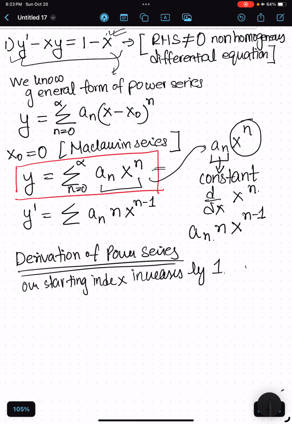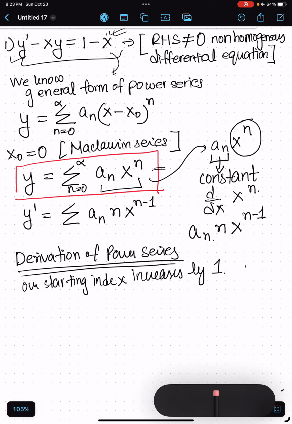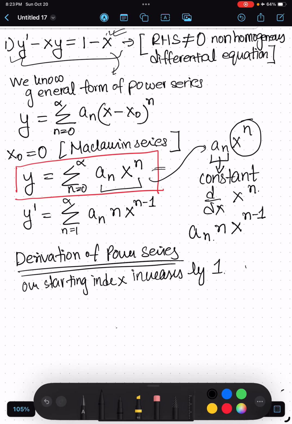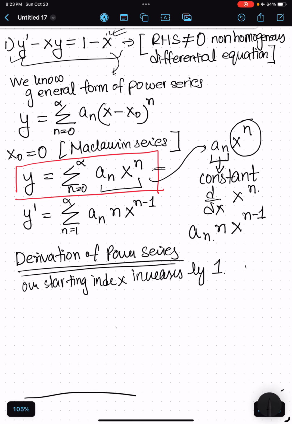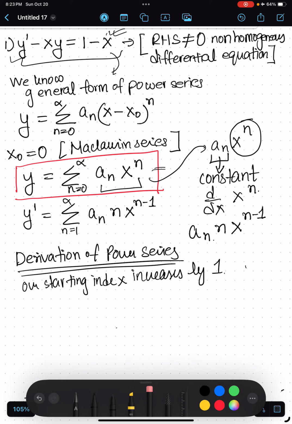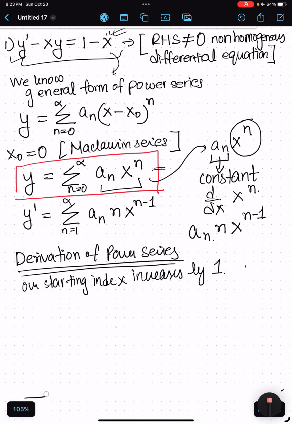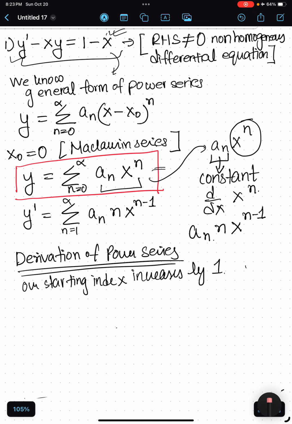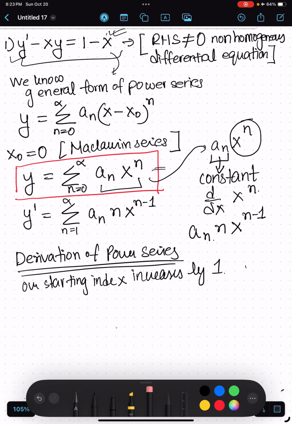Then when we derive it, our index would now start with n equal 1 to infinity. If I had my n starting from, let's say, n equals 2, and we had to derive it, in that case my n would have been 3, because it's going to increase by 1. So 2 plus 1 is equal to 3. Okay. So now we have our y derivation too. So I'm going to highlight this one as well.